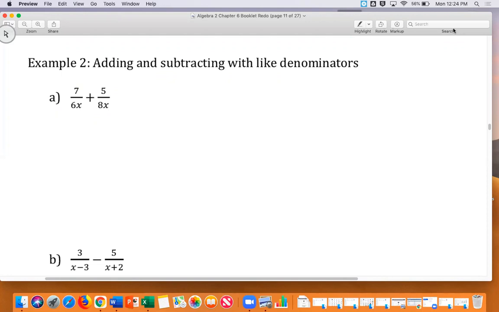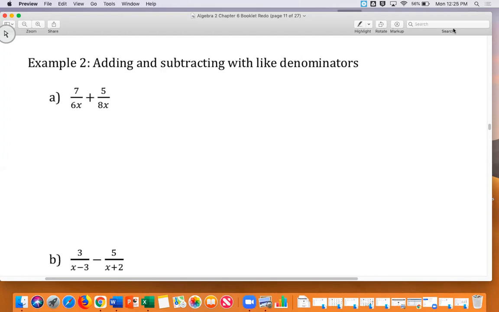2 goes into both of them. But what number is divisible by 6 and by 8? So it's bigger than 8. 16. Does 6 go into 16?